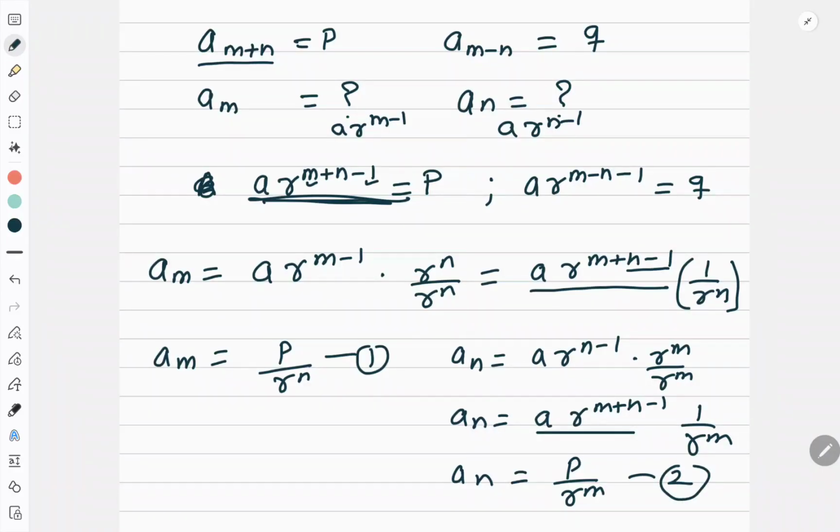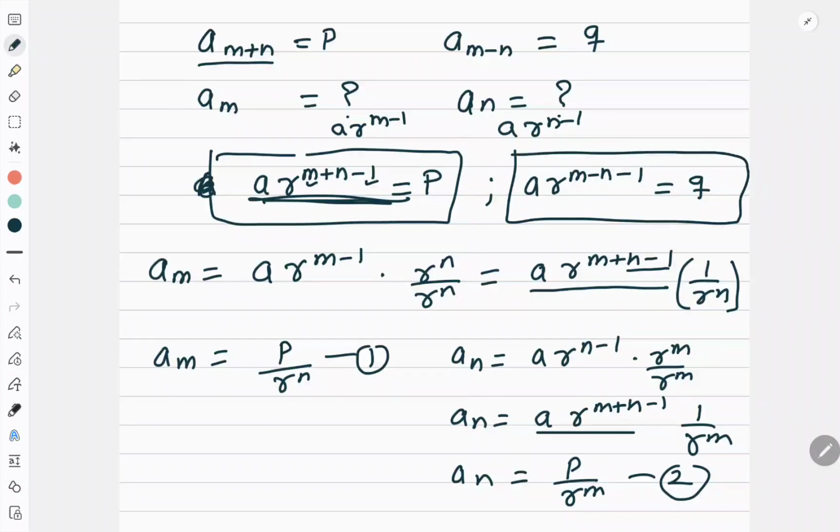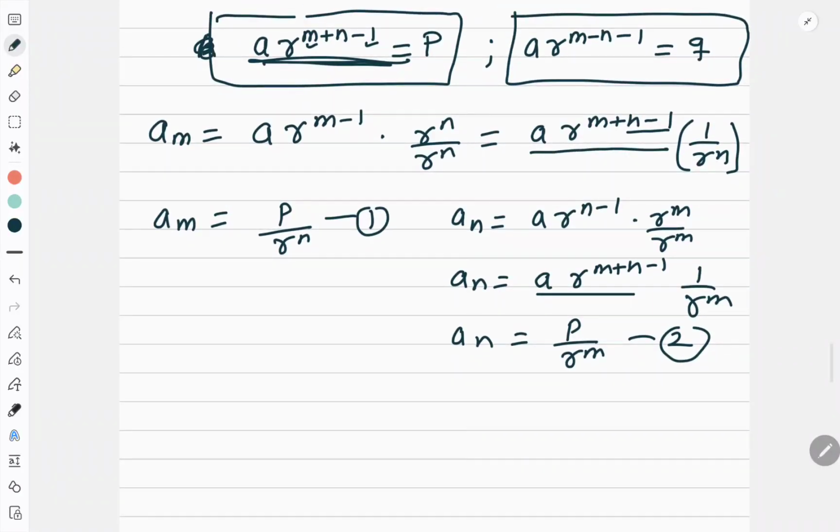Now what is my problem? I got the answer in terms of r, which I don't want. So now I need to figure out the value of r. Very easy. I have this expression, I have this expression. Can I divide these two expressions? What will I get? See, A will get cancelled. So r to the power m plus n minus 1 upon r to the power m minus n minus 1 is equal to P by Q. Correct?